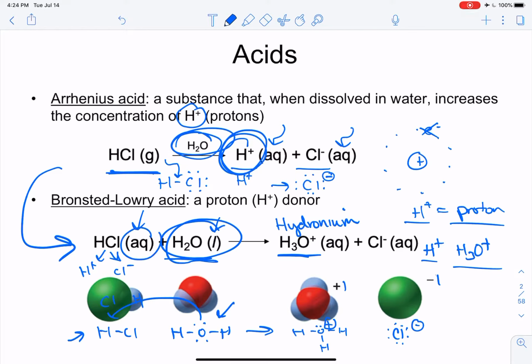Sometimes the equation will just say AQ, and you have to assume that water is floating around in there. And that's just the way it works. So sorry about that, but get used to it, guys.